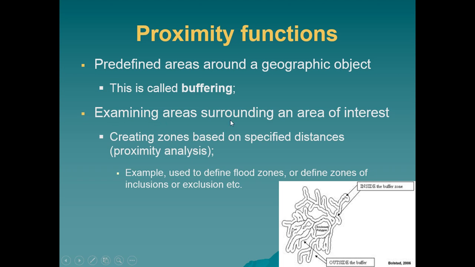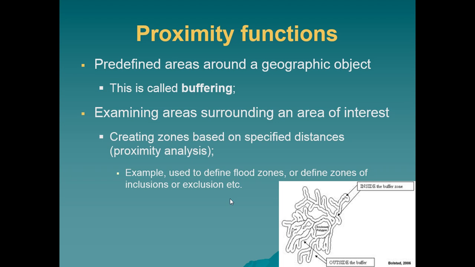It is used to examine areas surrounding an area of interest, such as creating zones based on specified distances. For example, used to define flood zones or define zones of inclusion or exclusion. So as I said, let's say you create a buffer to define the flood zone around a river or within a valley, it would be considered an exclusion zone.